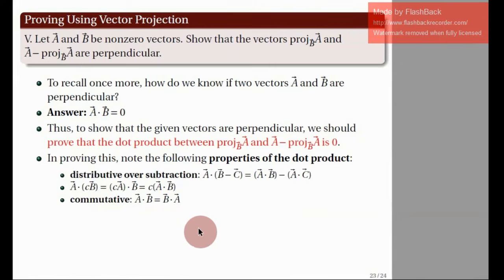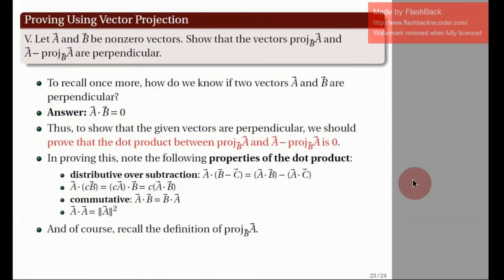Finally, a property of the dot product is that if we get the dot product of a vector with itself, then the scalar quantity that we will obtain is precisely the square of the norm of the vector. Okay, so these are the properties that we will be recalling, which we will be needing to prove this statement right here.